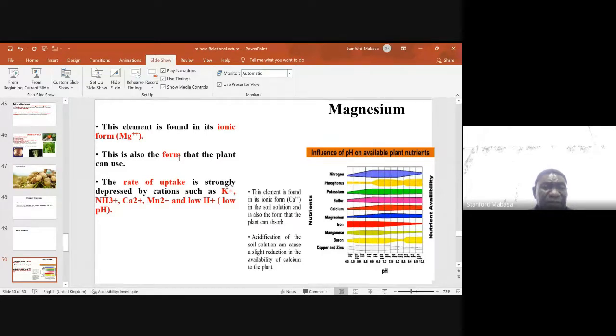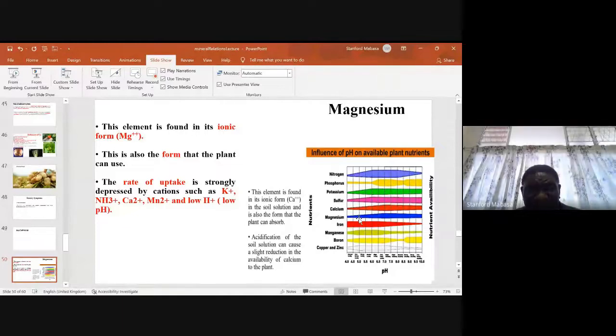Now, the rate of uptake is strongly depressed by the presence of potassium, ammonium, calcium, manganese, and the low pH. But especially low pH, it can actually depress the uptake of magnesium in plants.